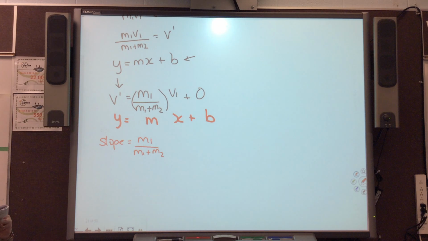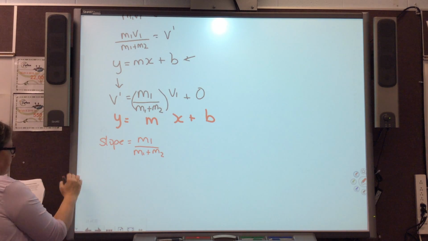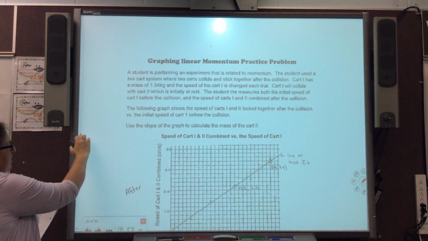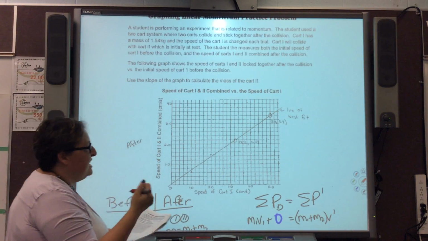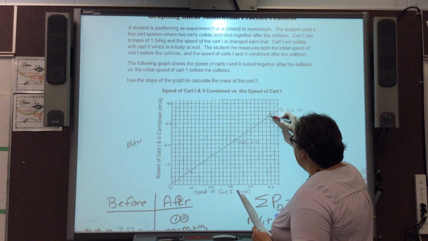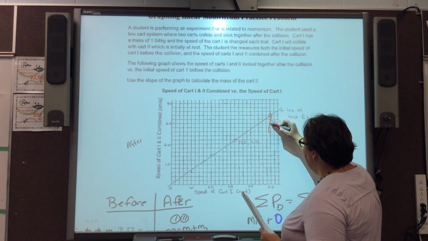So when we look at the graph and we take 2 points on the graph, right here, because we want to take them where they cross the intersection at.